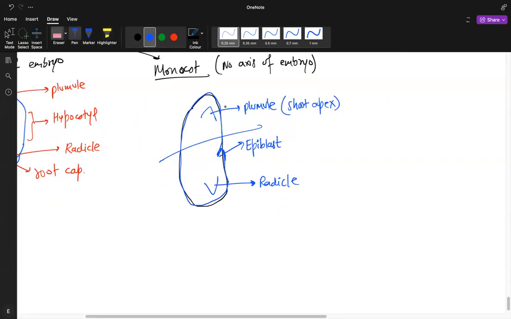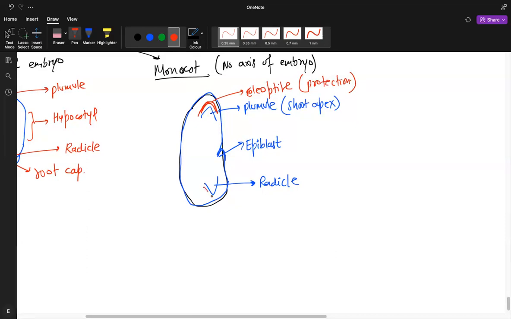Covering the plumule in monocots is something called the coleoptile. The coleoptile is a protective covering for the plumule.